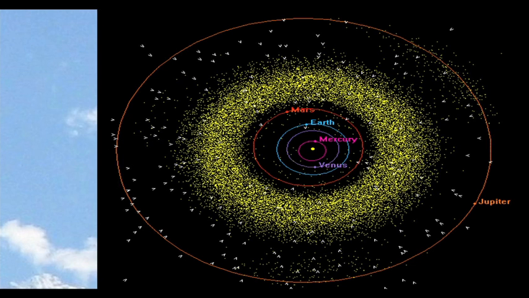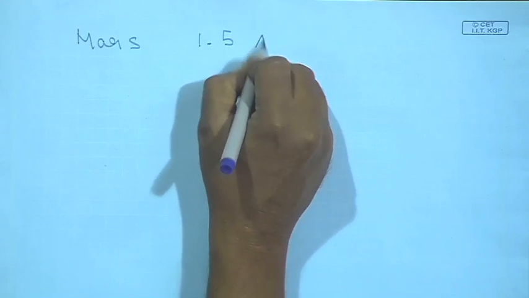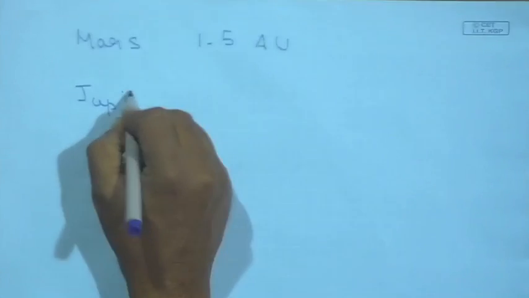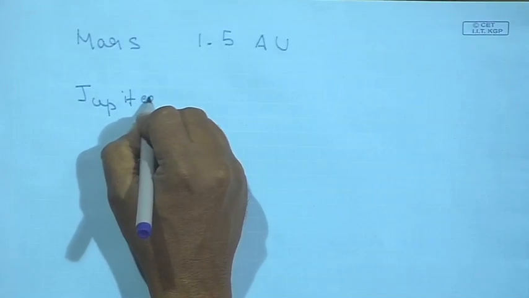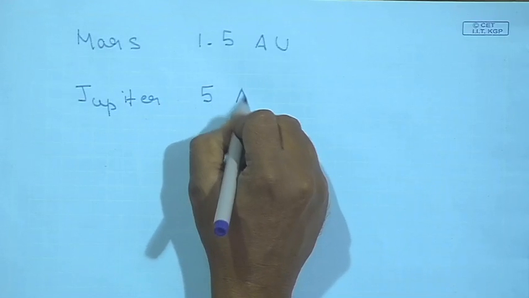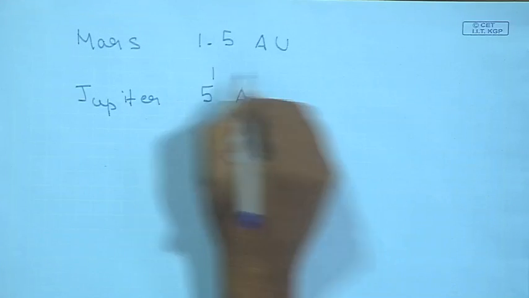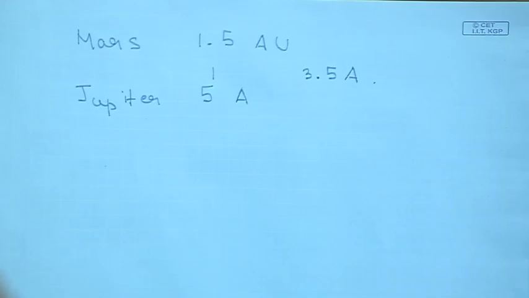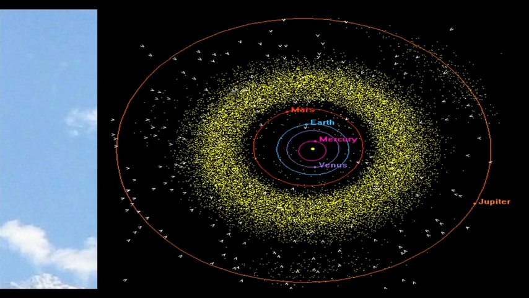So Mars is at 1.5 AU, and Jupiter, which is one of the innermost of the outer planets, is at 5 AU. So we have this region spanning 3.5 astronomical units in radius, which is the place where you have the main asteroid belt.